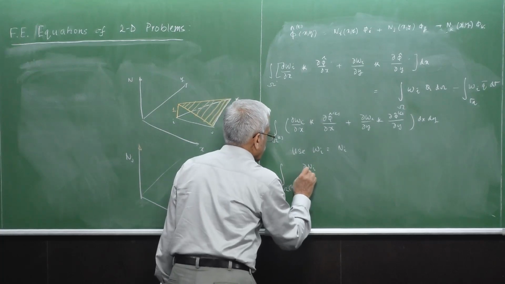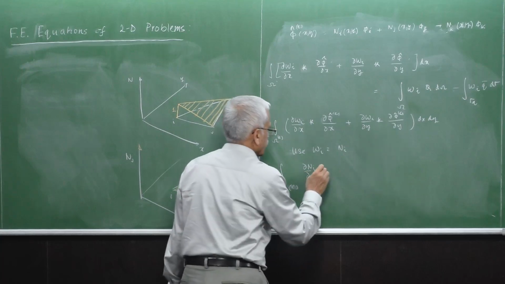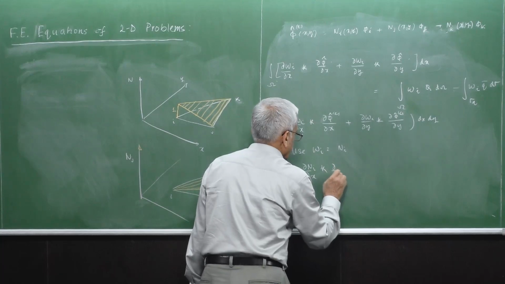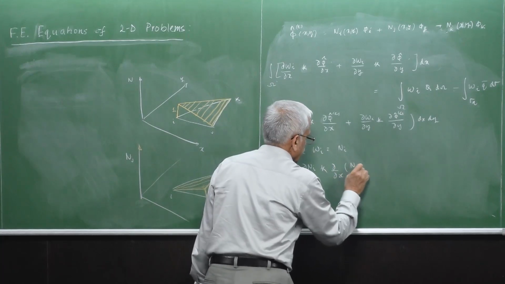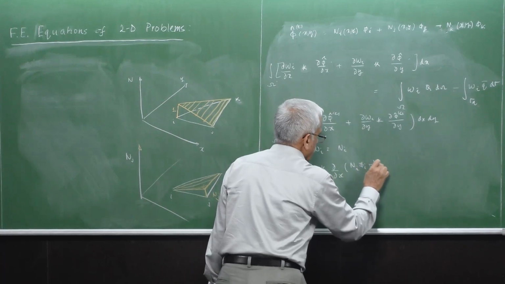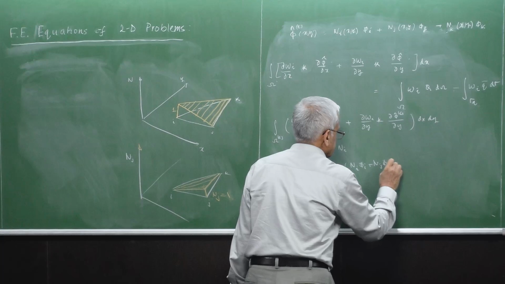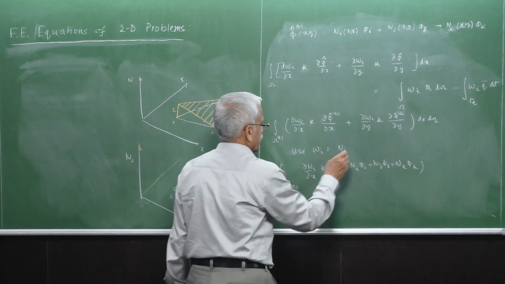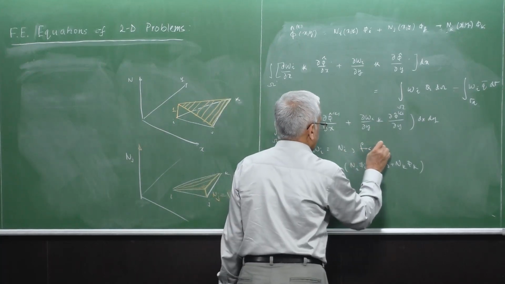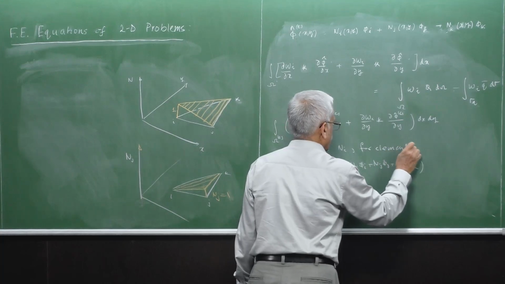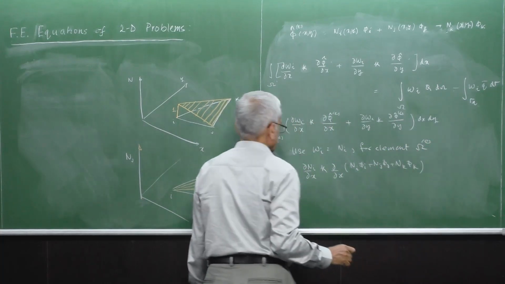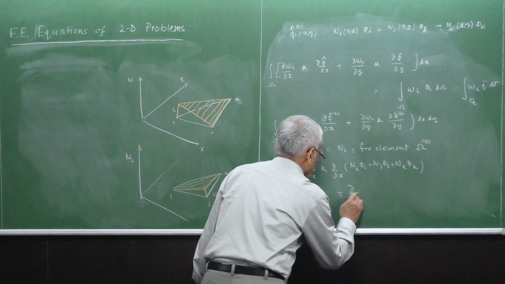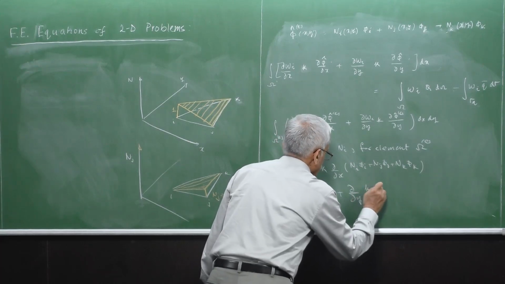We use dou Ni by dou x, k, and this phi hat we write as dou by dou x of Ni phi i. This is for the element. And then we also have the other term with the derivative with y.